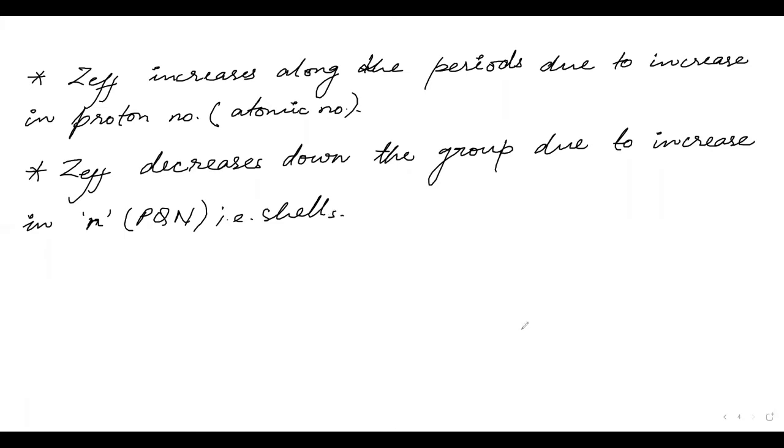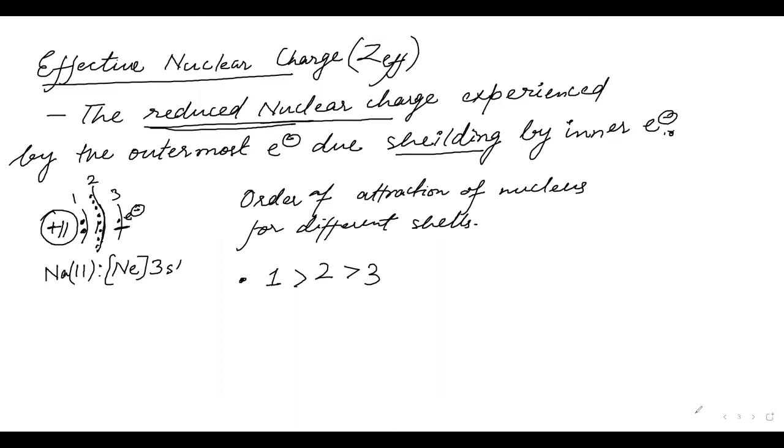Sir, does that mean if 1 and 2 are empty, then the electron in the third shell is getting attracted towards the nucleus? Yes, if there are no electrons in the first and second shell, then the outermost electron will experience the complete nuclear charge. Even if you put it in the third shell, it will experience the whole plus 11 because there are no other electrons to shield this charge, correct?